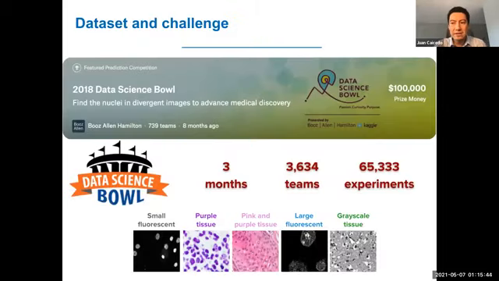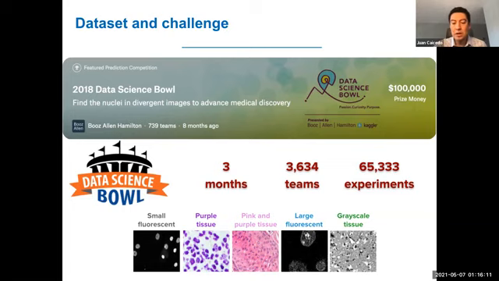So we asked this question and we organized the 2018 Data Science Bowl around this specific challenge. What does it take in order to make one of those computer vision technologies work in biology as well? So we offered a prize of $100,000 to the team that was able to segment any type of microscopy image.